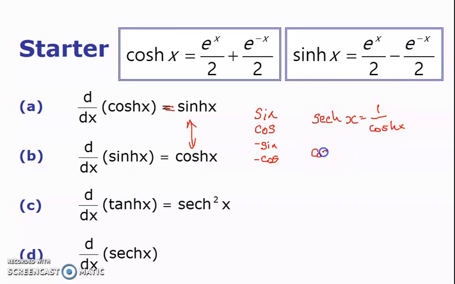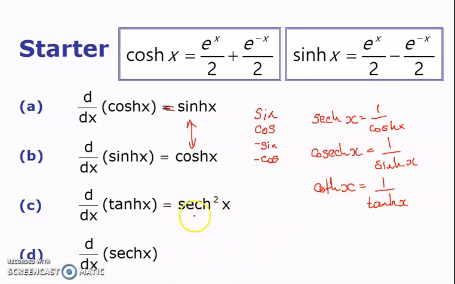Which implies there's probably a cosech x, which is 1 over sinh. And of course there is the third one, which is coth x, which is 1 over tanh. They're directly analogous to sec, cosec and cot, and they share a lot of the same properties. That's why they're given the names they are.